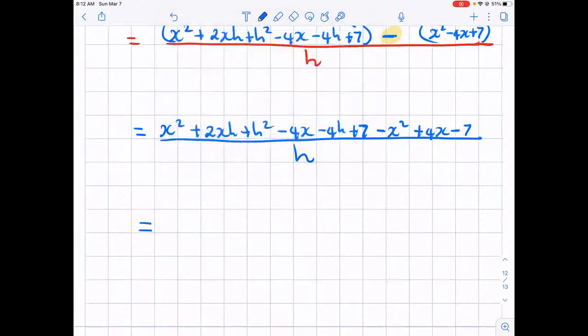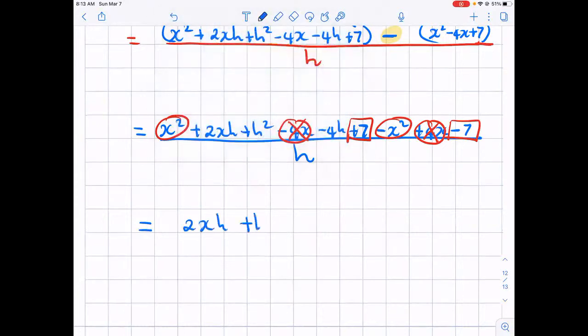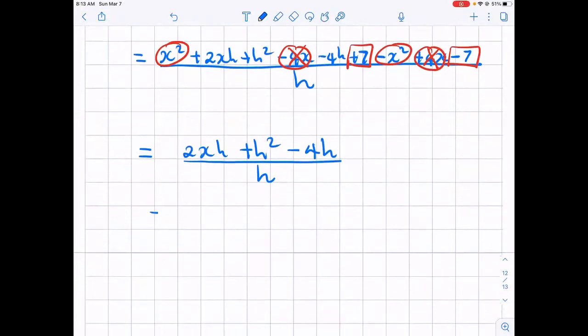So filling in and canceling out, you will notice that this cancels with that, this cancels with this, and this cancels with that. So what are we left with? We're left with 2xh plus h squared minus 4h, everything over h. We can factor out h in the top, which leaves 2x plus h minus 4, everything over h.